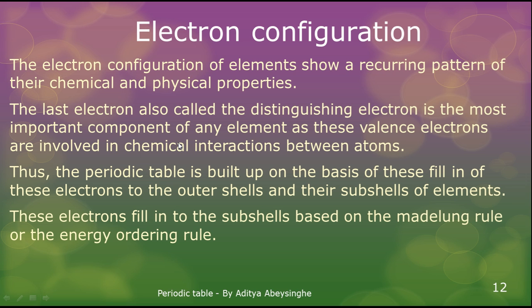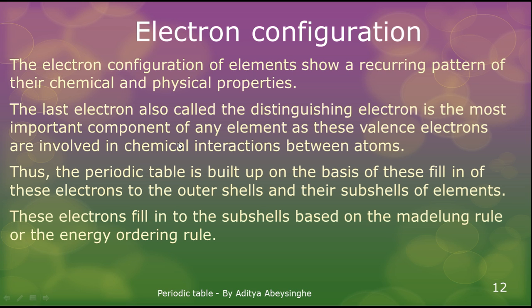So there are various uses of this last electron. You may have already identified this importance throughout the courses and modules on chemistry. The last electron, also called the distinguishing electron, is what determines the electron configuration.